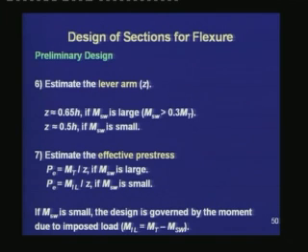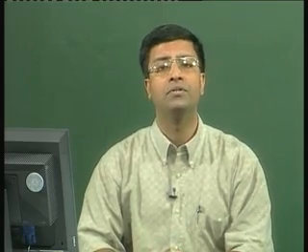Once the lever arm is estimated, we can estimate the effective pre-stress that we need to carry the total moment. Remember that in a pre-stressed concrete beam, when the moment is applied, the compressive force shifts up from the CGS by a distance of Z, and the pre-stressing force does not change much within the service loads.